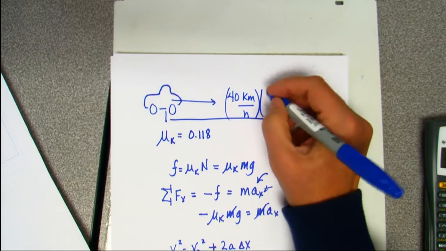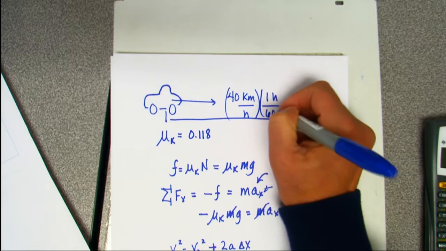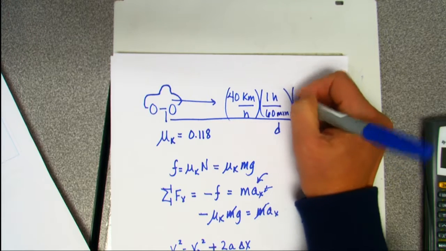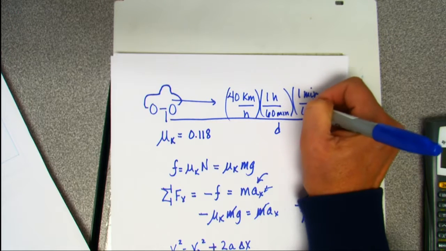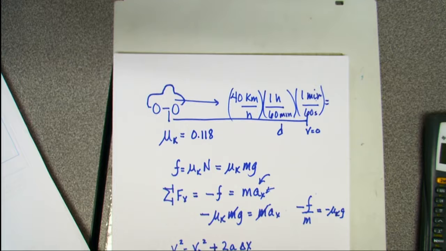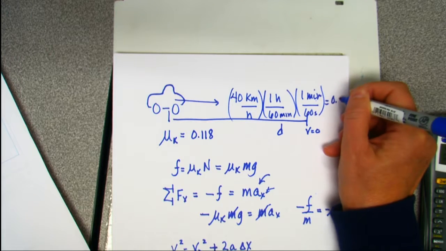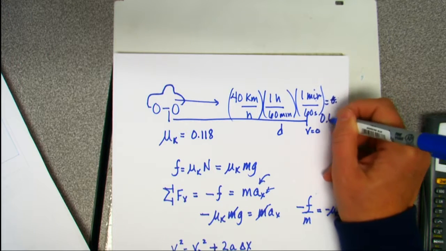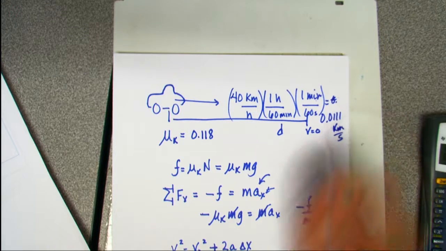One hour is 60 minutes, one minute is 60 seconds, which gives me 0.0111 kilometers per second.